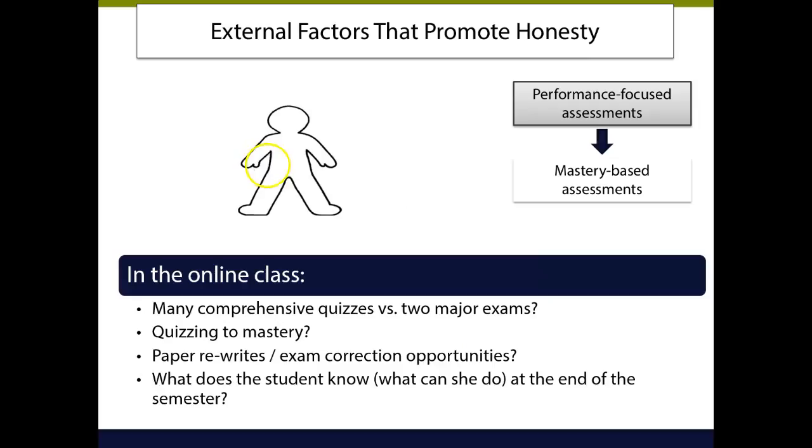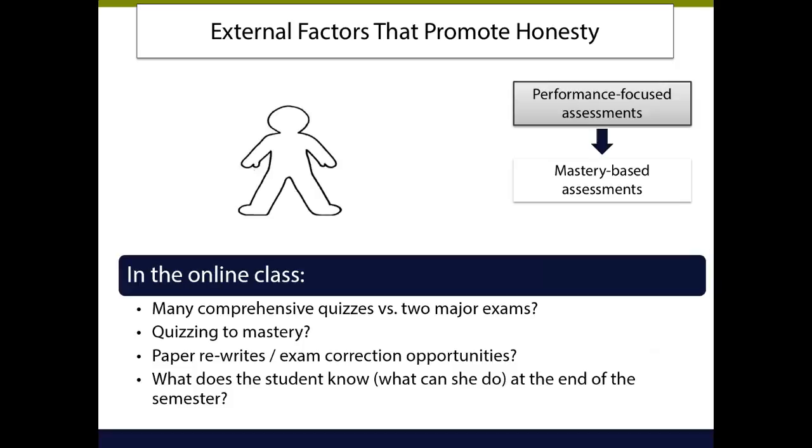So if you move from performance-focused assessments to mastery-based assessments, you may help your students be less motivated to cheat. What does that mean? Well, if you're only giving one final exam that's worth 70% of the grade, that is a performance-focused assessment, because what you're really saying is, I'm going to give you one chance to show what you know.